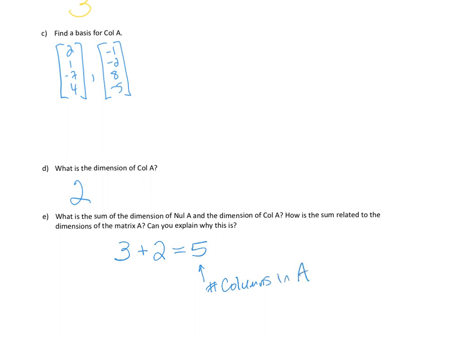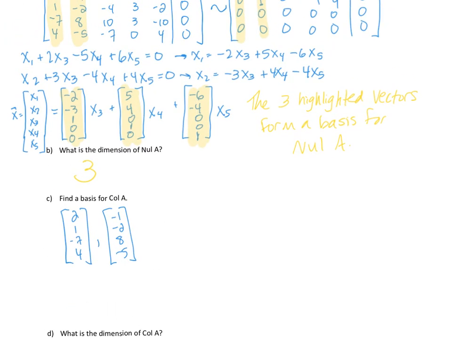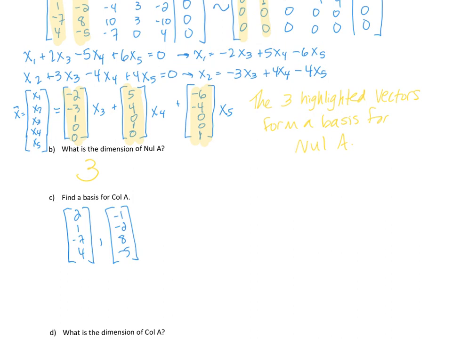That always works out because the dimension of null A is always the number of free variables, just by the nature of how we find the basis for null A. We make a vector for each free variable.